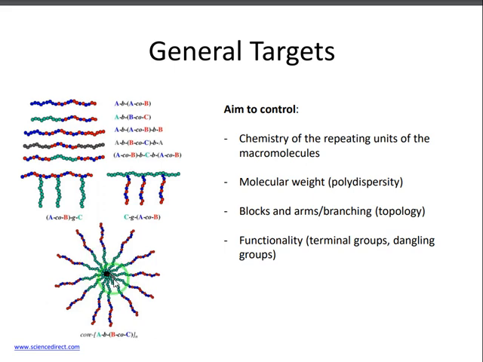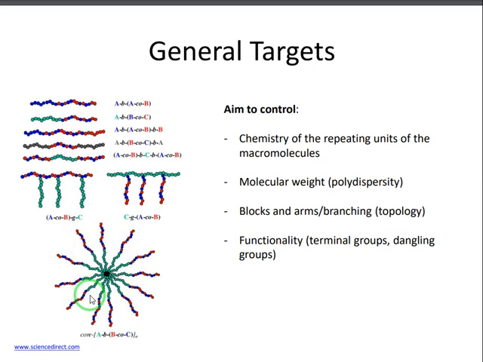And because it is controlled, when we reach a certain size of our polymers, we will change the monomers, you see the blue and the red ones, and continue the reaction with that.